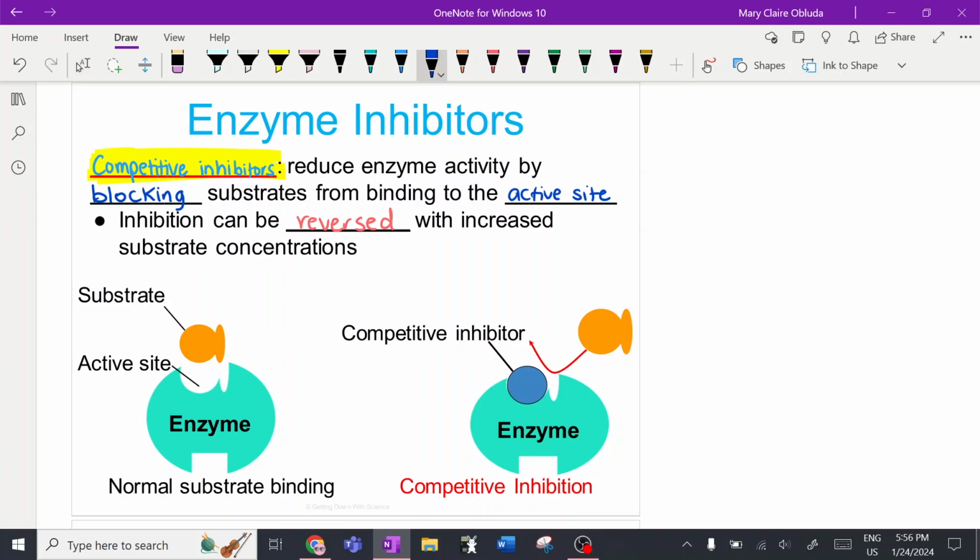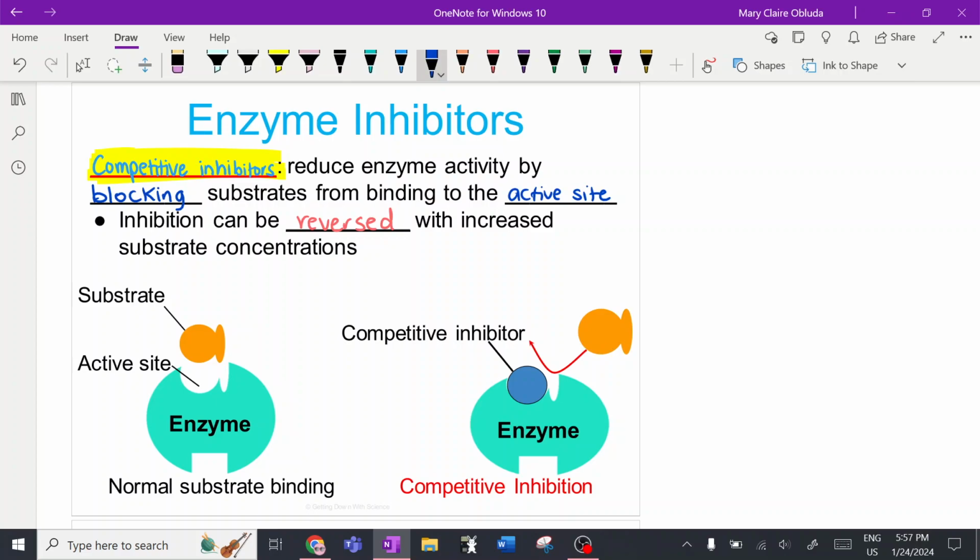Basically, think we have an enzyme here and a substrate that can bind perfectly to the enzyme. However, this competitive inhibitor looks just like it. So it binds to the enzyme active site, and that means this goldfish-looking substrate can't bind there anymore, just because the inhibitor is literally in its place.